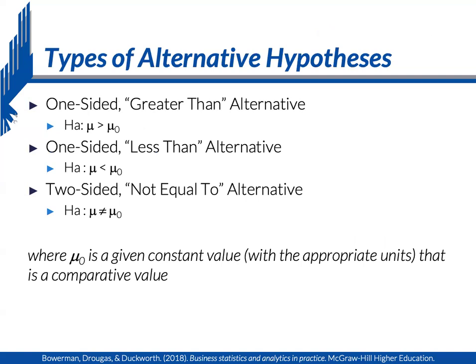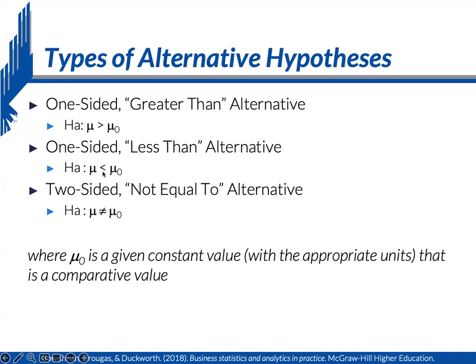Now, these three different cases or examples represent the three types of alternative hypotheses that are possible whenever we perform hypothesis testing. The first one represents a one-sided greater than alternative because the alternative hypothesis uses a greater than inequality sign. Meanwhile, the second example uses a one-sided less than alternative hypothesis because the alternative hypothesis uses the less than inequality sign.